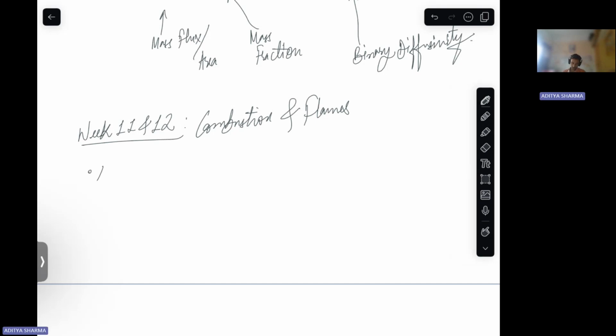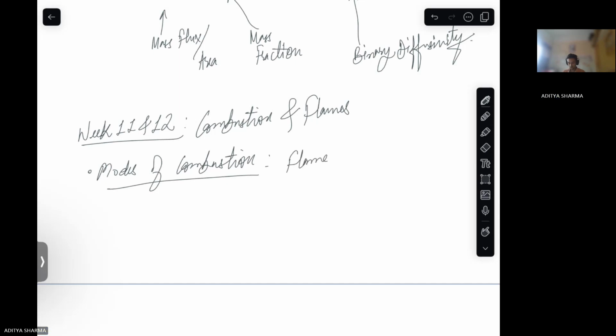The first difference is that there can be a flame and there cannot be a flame.